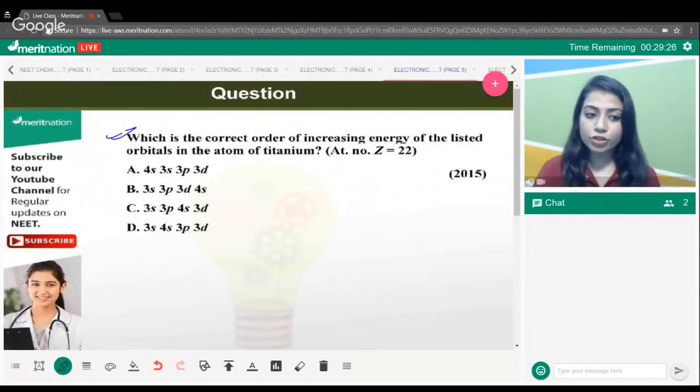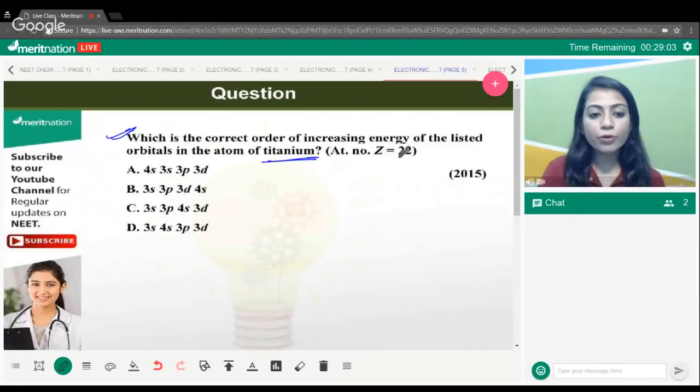The last question is, which is the correct order of increasing energy of the listed orbitals in the atom of titanium? Spin tells us in which direction the electron is moving around its own axis. Okay? Then titanium.